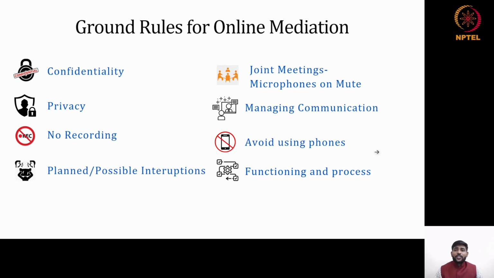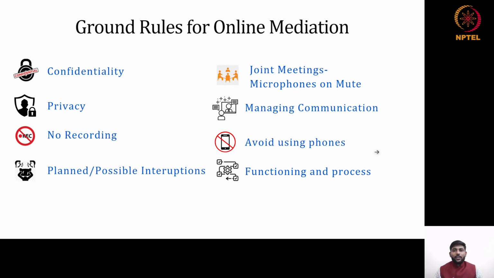There might also be interruptions from a third party, because in most online mediations the parties may be sitting at home or in an office. So the mediator is required to be well planned and avoid possible interruptions. He may request the parties to be in a place where there won't be any interruptions, and to check their internet connections well before the online mediation commences.